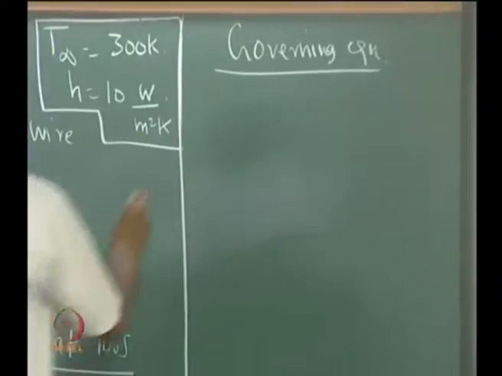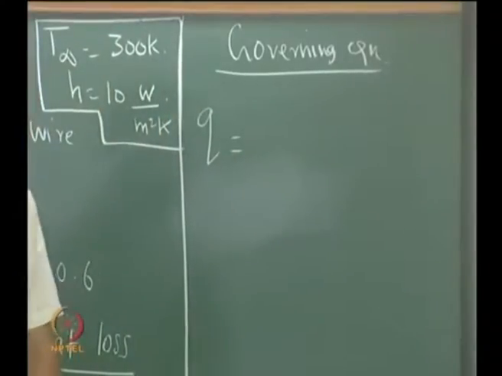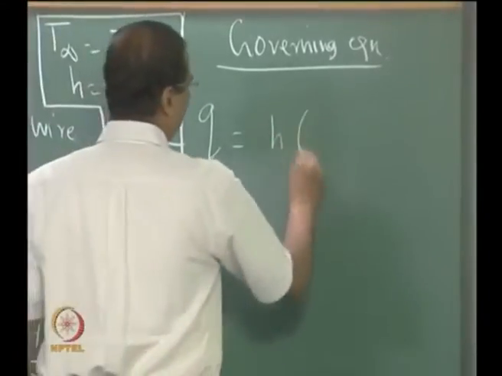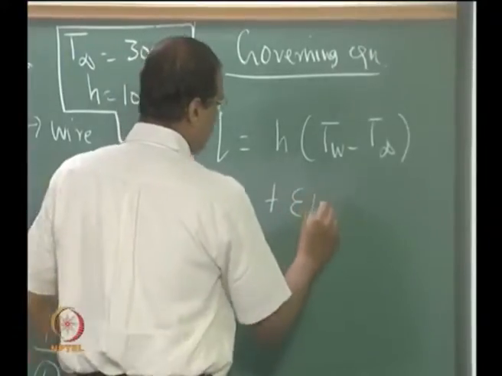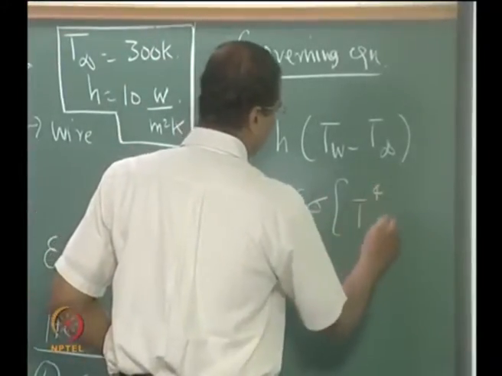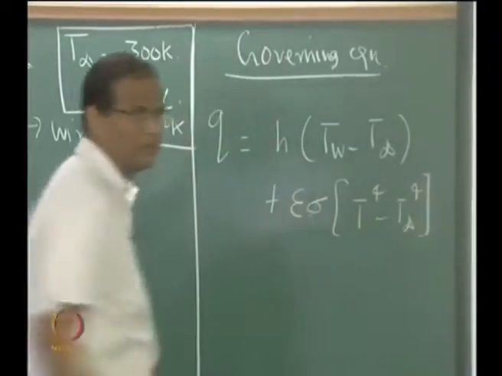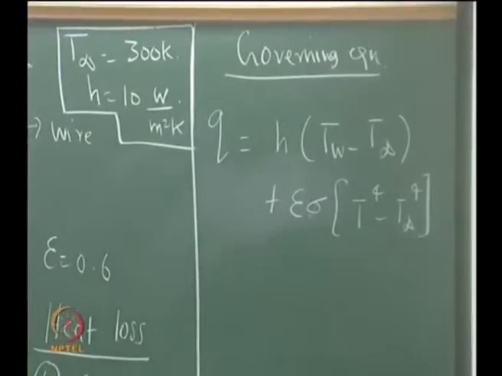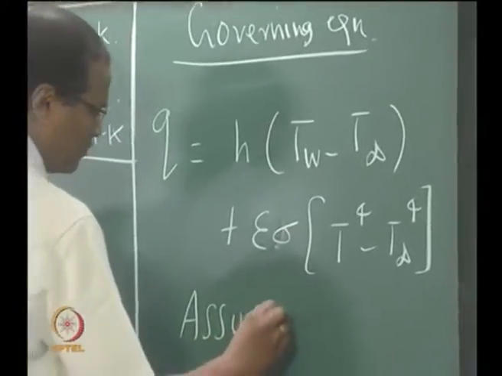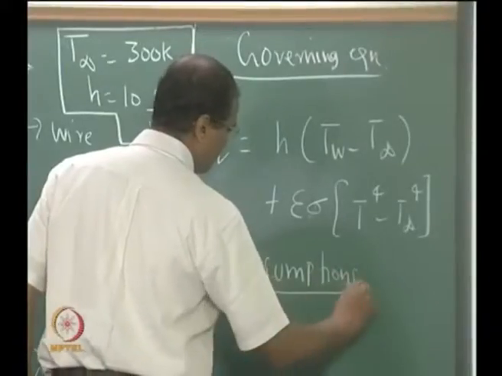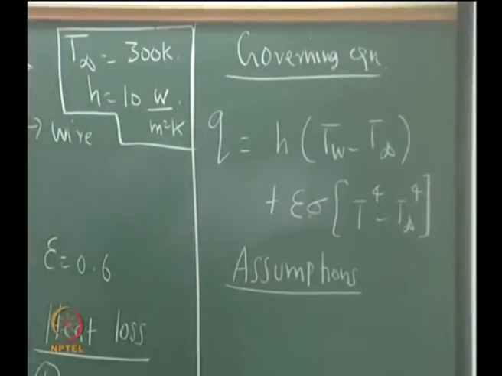Q equal to H A delta T. Okay, H. When you write an equation like this, what are the inherent assumptions in that? How could you just write it like that?